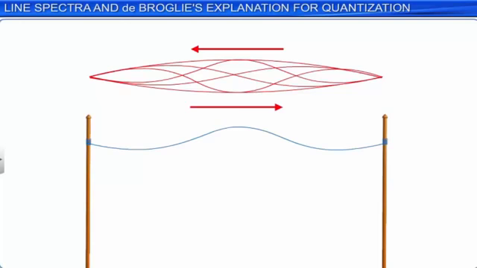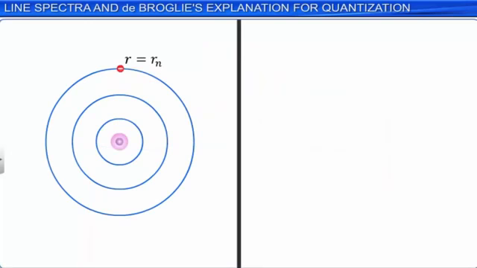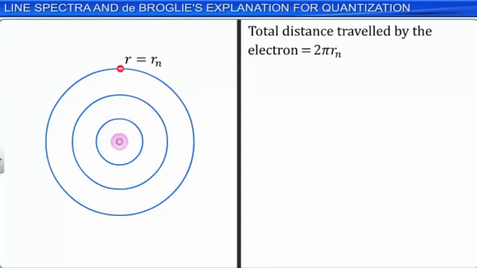Now, let us apply this concept to an electron in the nth circular orbit of radius rn. The total distance travelled by the electron is 2π rn. Hence, 2π rn is equal to nλ, where n is equal to 1, 2, 3, and so on. Let this be equation 7.